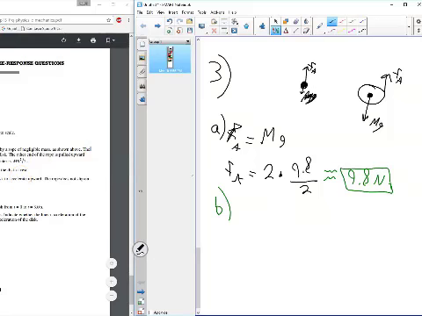So what are they asking? At time t equals 0, the force F sub a is increased to 12 newtons, which causes the disk to accelerate upward. The rope does not slip on the disk as the disk rotates.